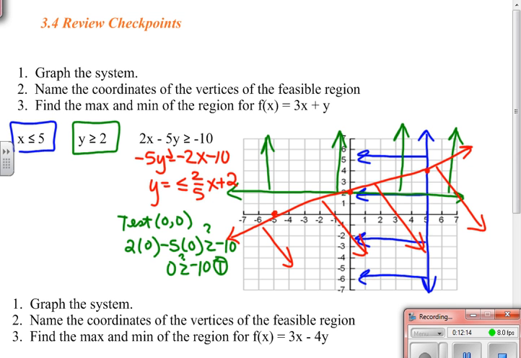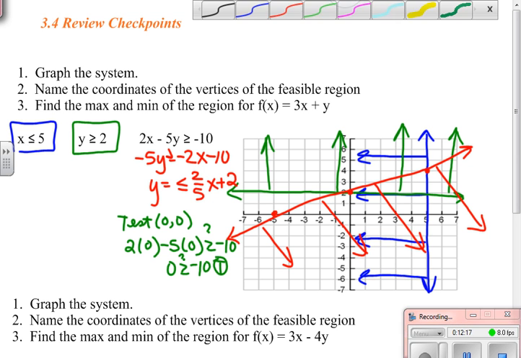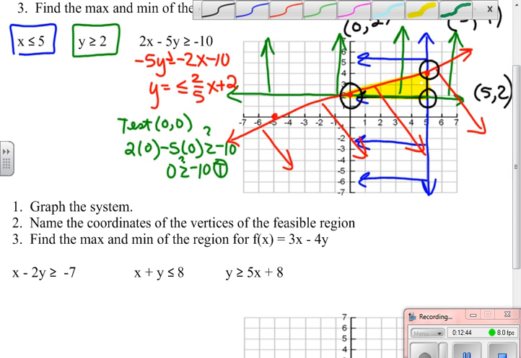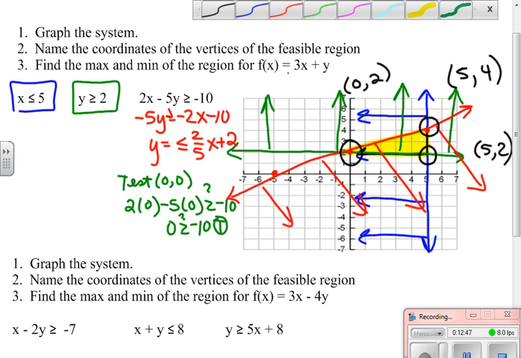So once I have graphed and shaded, it's clear that I have this bounded region right here where everything overlaps, and my vertices for that are at (0, 2), (5, 4), and (5, 2). So I'm going to have to go ahead and test these into this function right here to find out my max and my min.